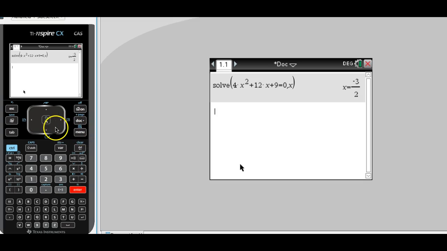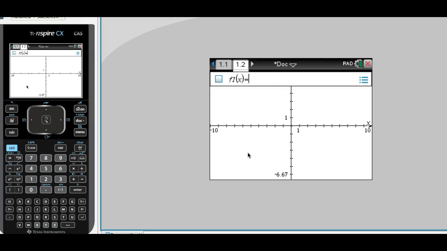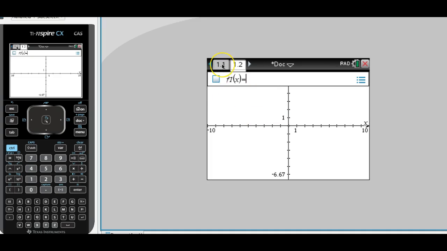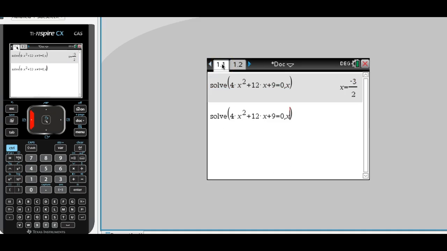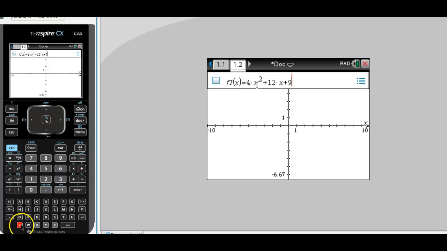Then if you wanted to graph it, we'll just go to add a graph. Let me just show you something. You can highlight this, copy and paste, so Control C, and then we can just go here, Control V to paste it.